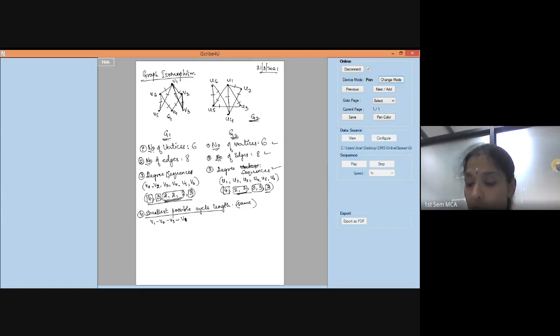It is 3 because it is made up of 3 edges. So the length of this is 3.